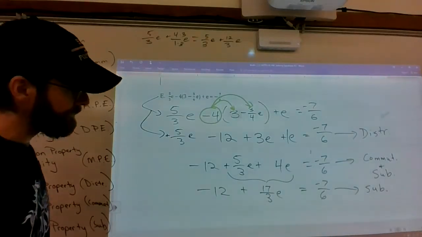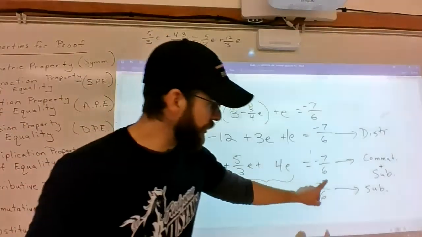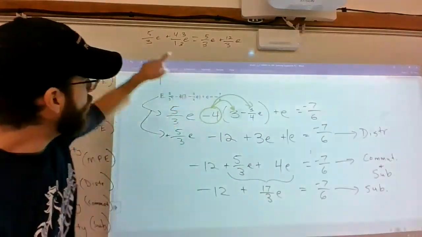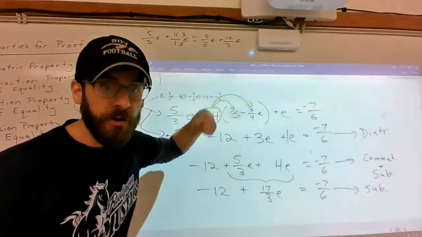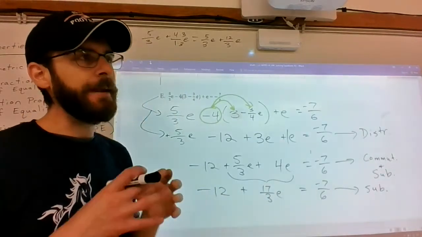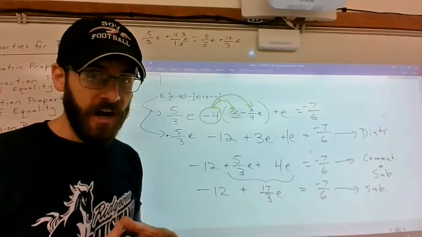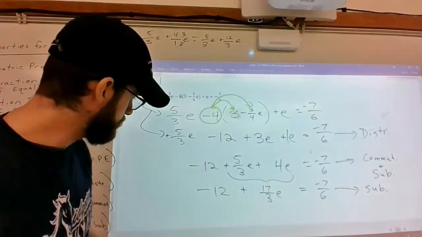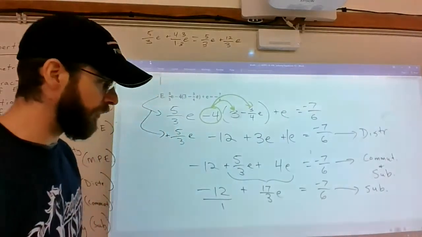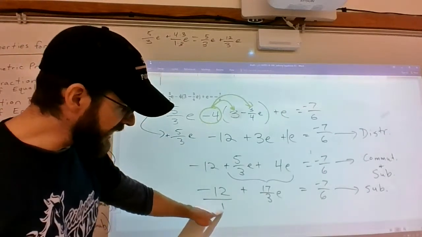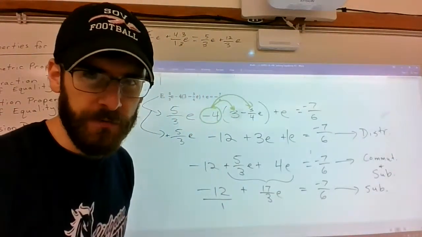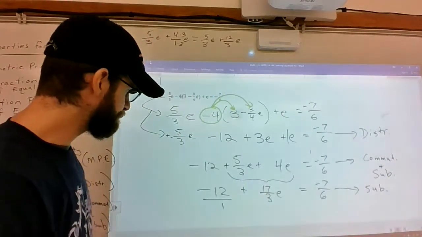All right, now, if you've got fractions over here and fractions over here, if you don't want to do this calculation over and over and over again, it might be best if we just found common denominators right away. What I mean by that is, if I put -12 over 1, and I find the same denominator for 1, 3, and 6, you'll see that there's a quick move to make the calculations easier.